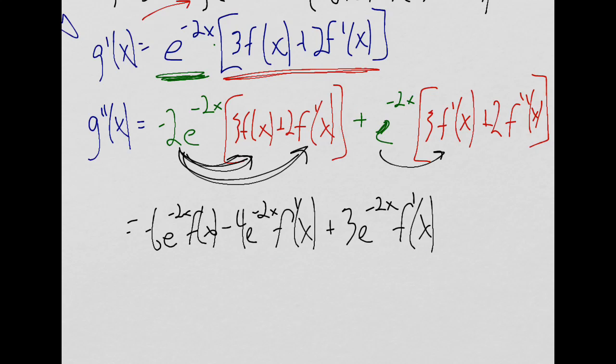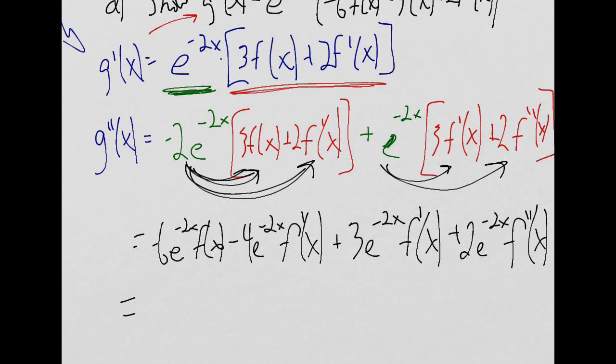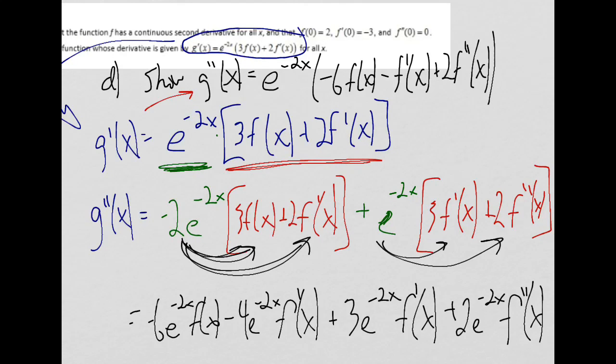And then my last term is this product, so that gives me plus 2e to the negative 2x times f double prime of x. Now, it looks terrible, but remember, it's supposed to kind of look a little terrible, right?